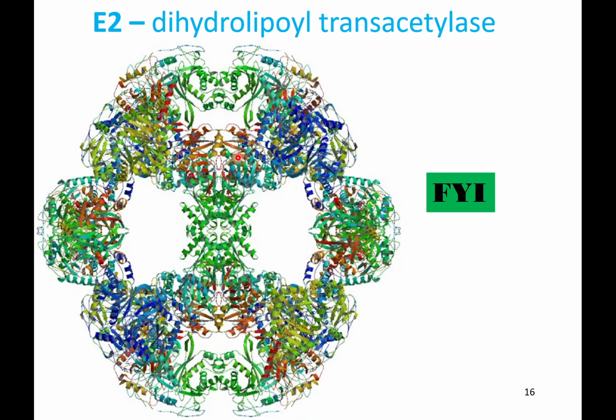This is, I believe, a crystal structure of E2. So this is just the E2 subunit crystallized out, and it forms this very complex structure. In my research, I tried to purify the E2 protein, and I was unsuccessful.